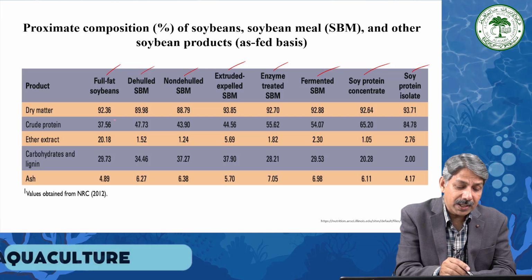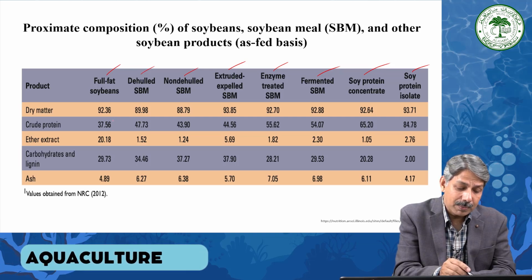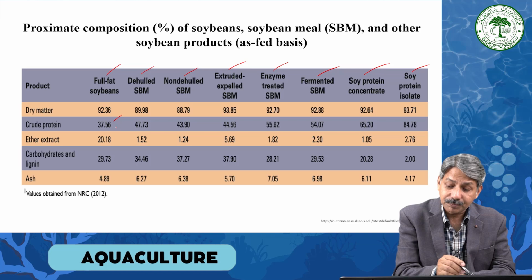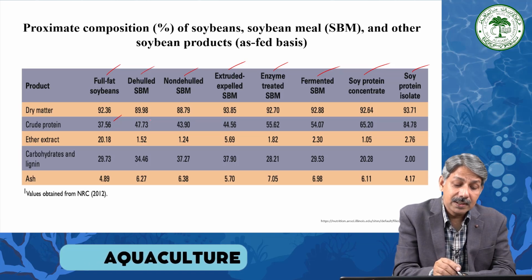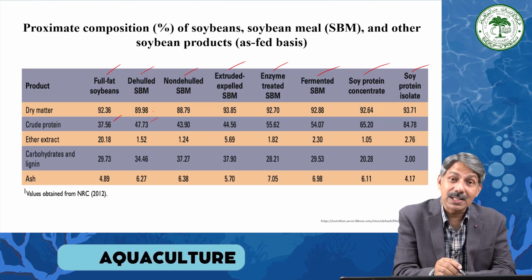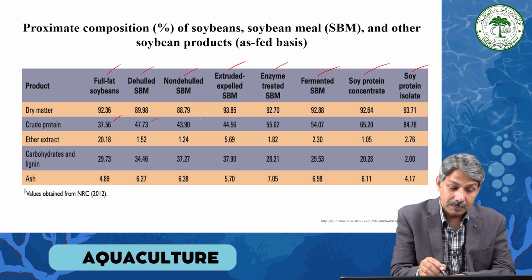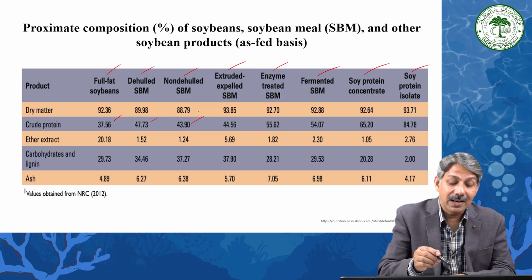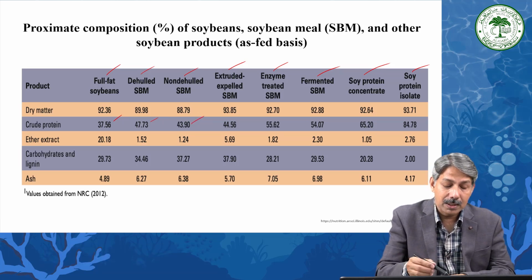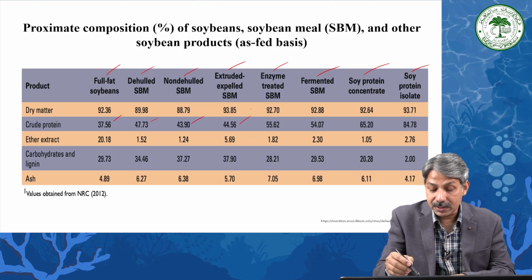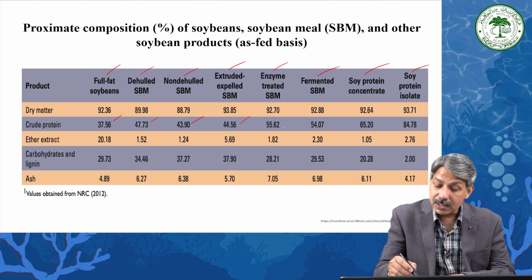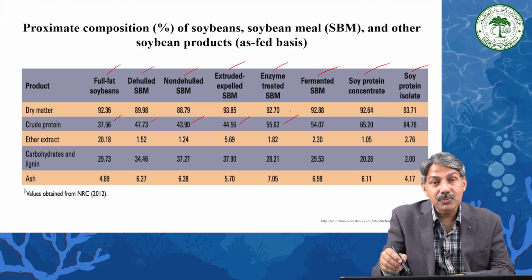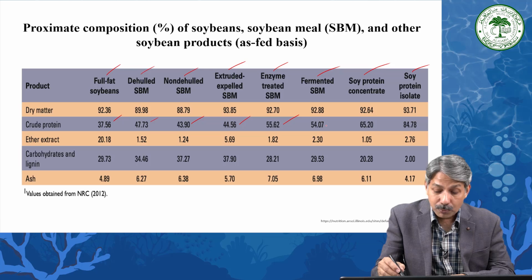Second, crude protein. If you compare, in full fat soybean we are having 37.56, whereas in dehulled soybean meal we are having 47.73% protein. Then in non-dehulled soybean meal we are having 43.9% protein, and in extruded expelled soybean meal we are having 44.56 crude protein, whereas crude protein is 55.62 in enzyme treated soybean meal, and 54.07 in fermented soybean meal.